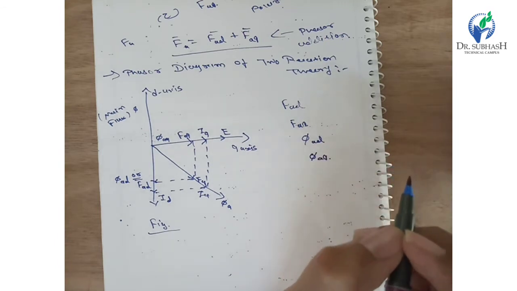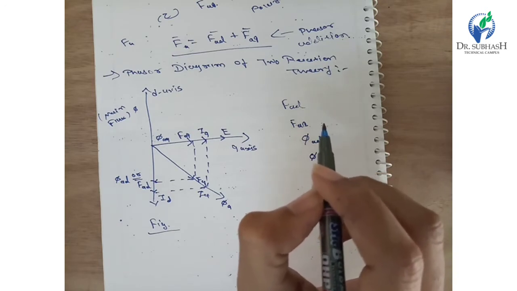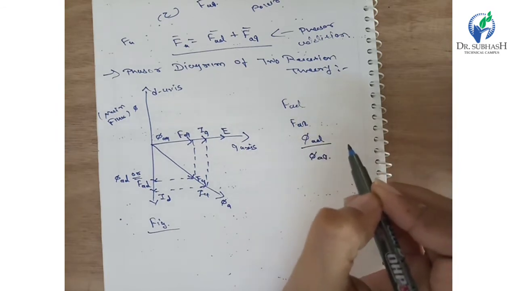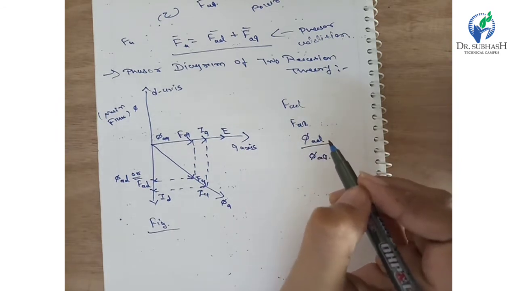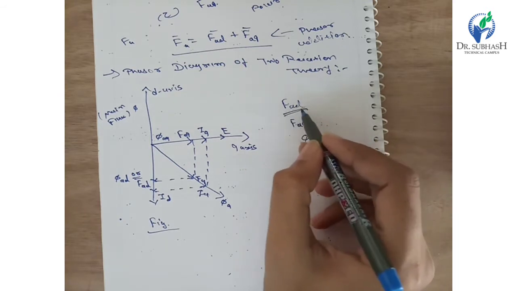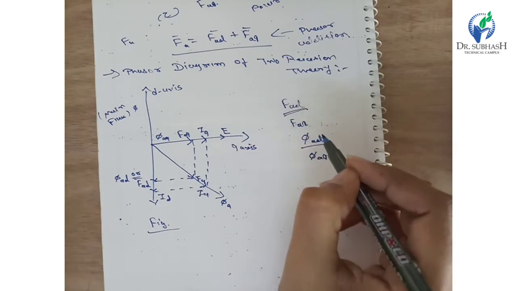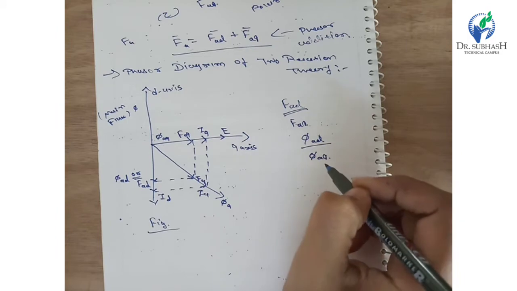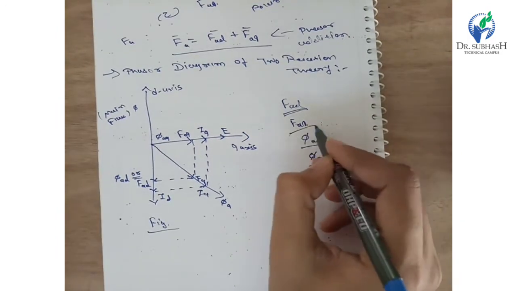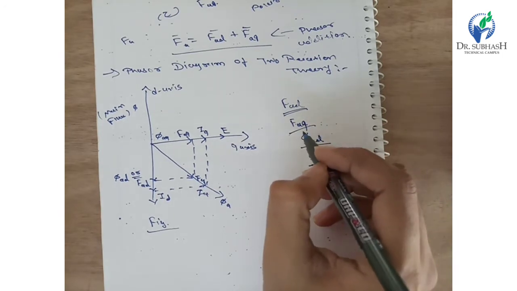These are in phase with their respective MMFs. The flux phi suffix ad is in phase with the F suffix ad armature MMF, and the flux phi suffix aq is in phase with the F suffix aq armature MMF.